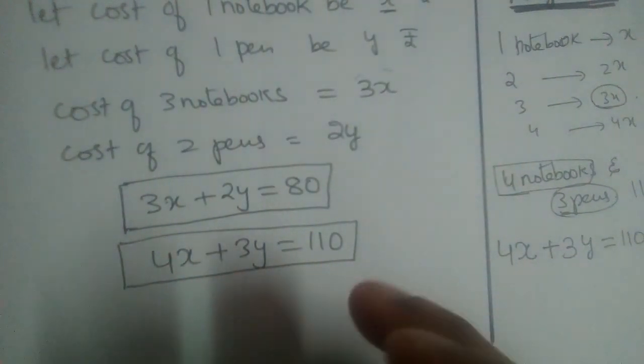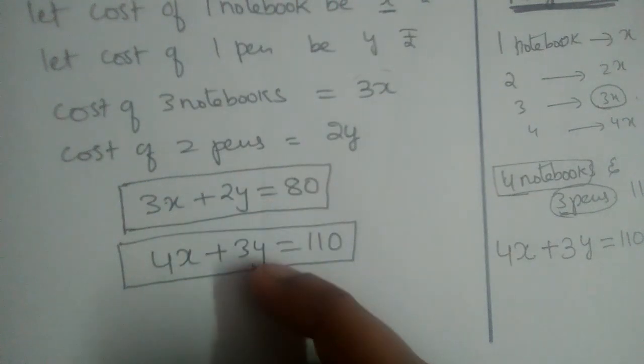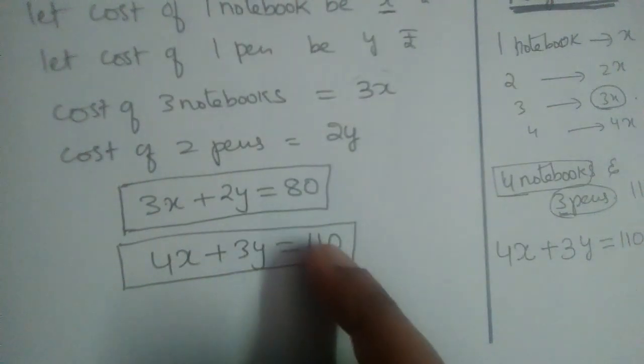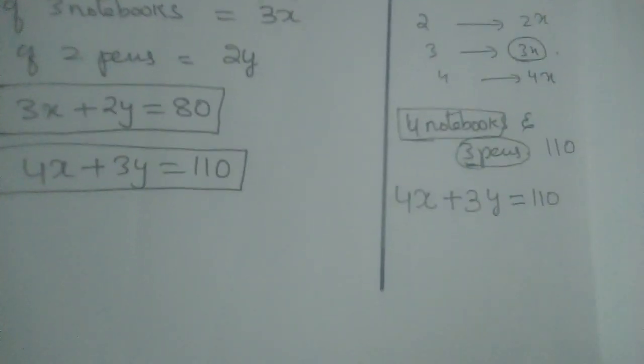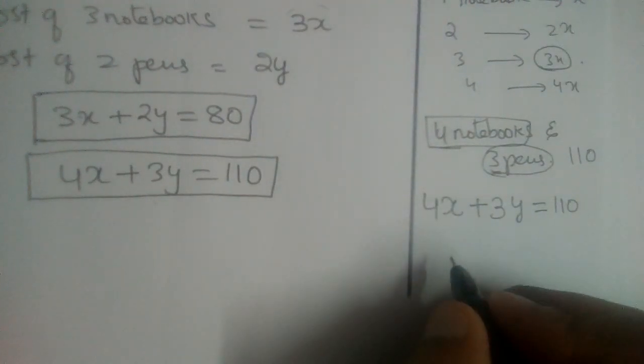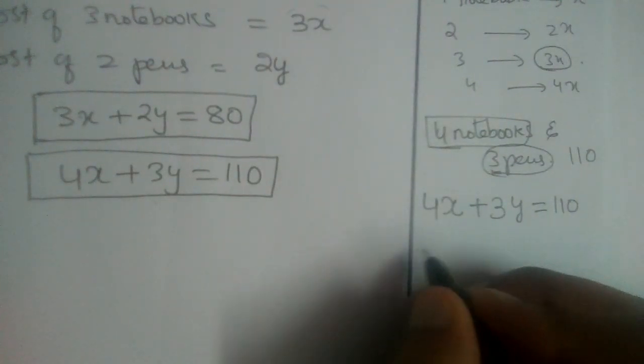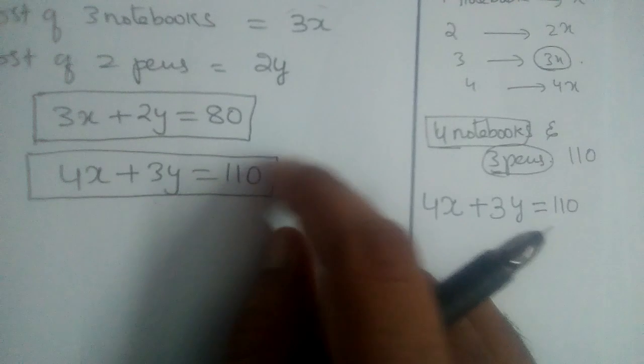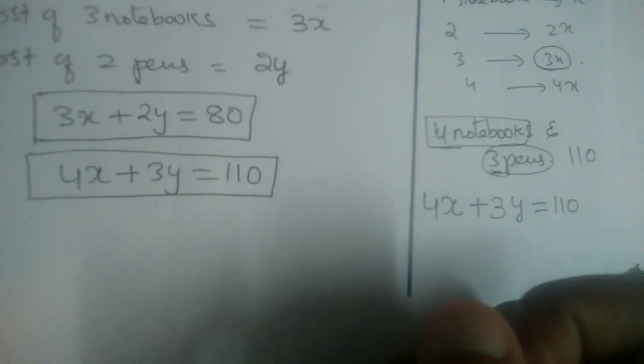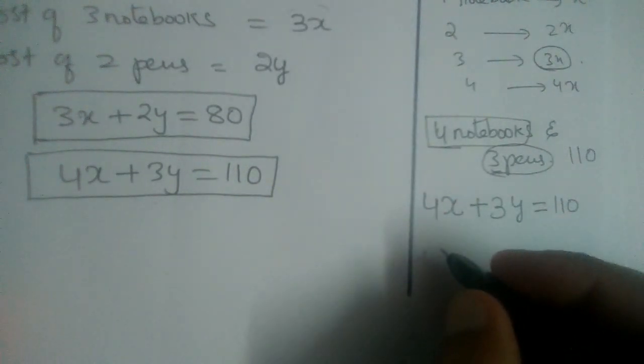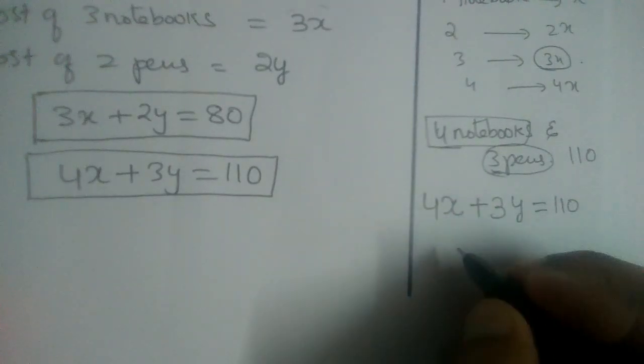All right. Now let us find the values of x and y. Okay, let us solve these two equations. And we have learned in the previous classes that there are three methods of solving this, right? Pair of linear equations in two variables can be solved in three methods, or if you are a CBSE student, you have 4 methods in your syllabus, right?